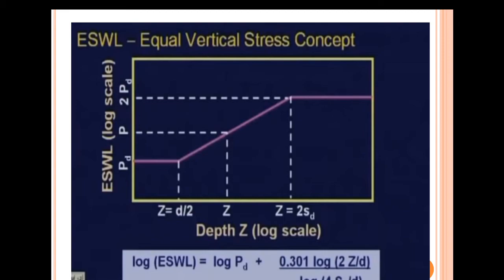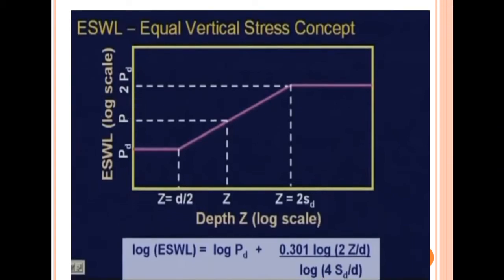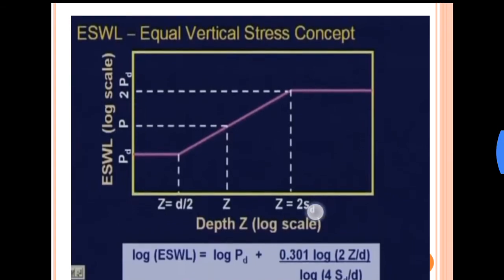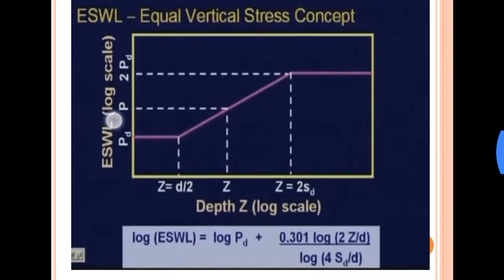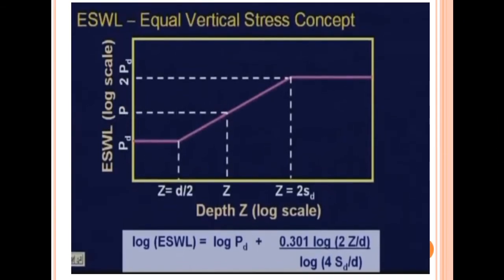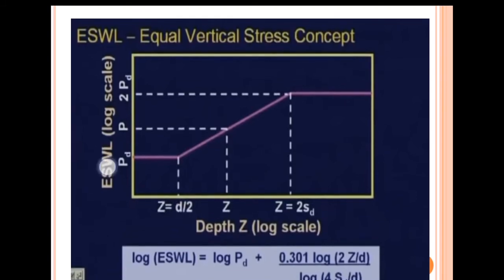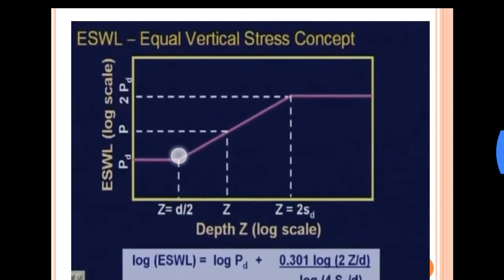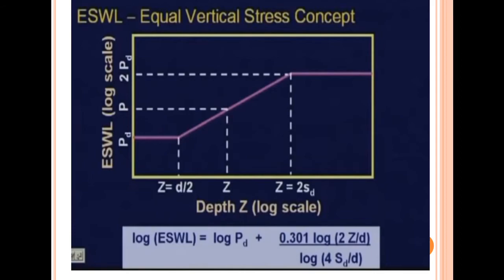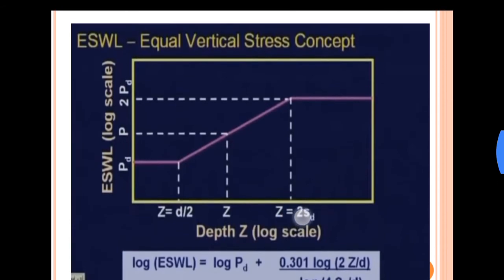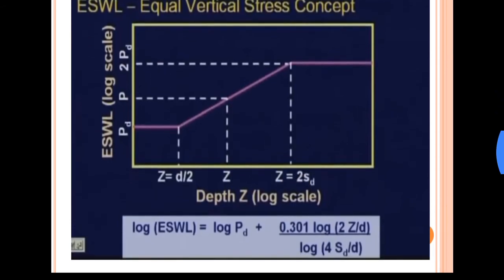We consider a log scale for this, so the values on the x-axis and y-axis are both in log scale. When you plot points for z equal to d by 2, the load would be p, so you have one point over here, and for depth equal to 2s, the load would be 2p, so you have one more point here.